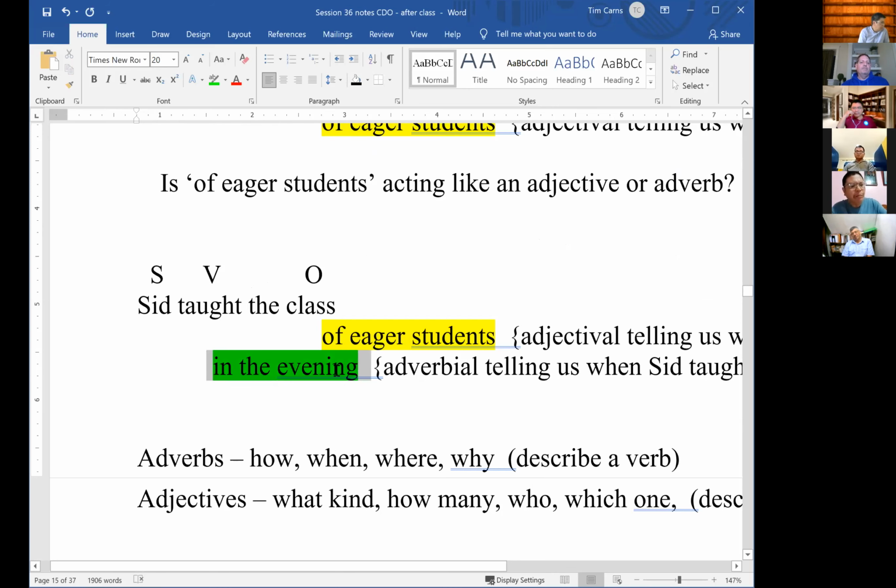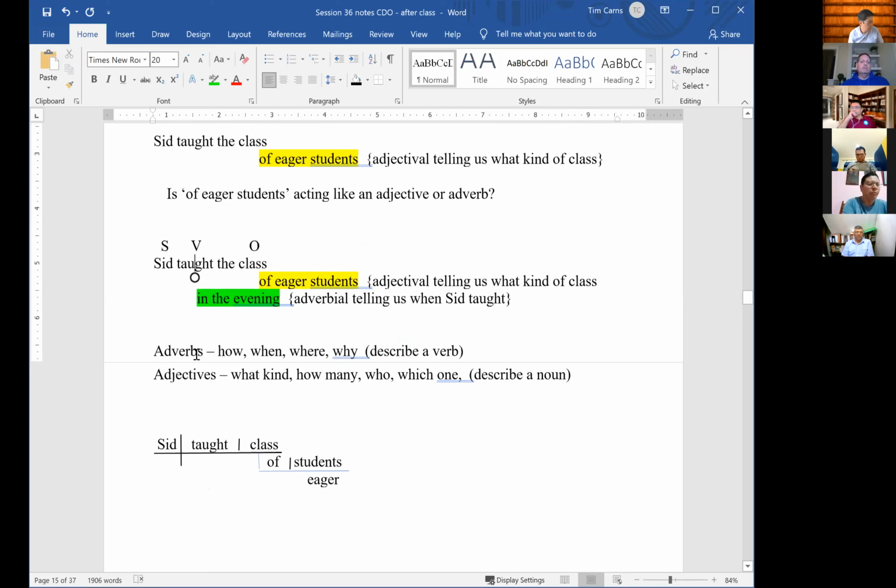In the evening modifies taught. We're using grammar in both cases to guide and direct the process, but the sentence diagram to me is just not as helpful in showing you how a passage is outlined. It really shows you the parts of speech.